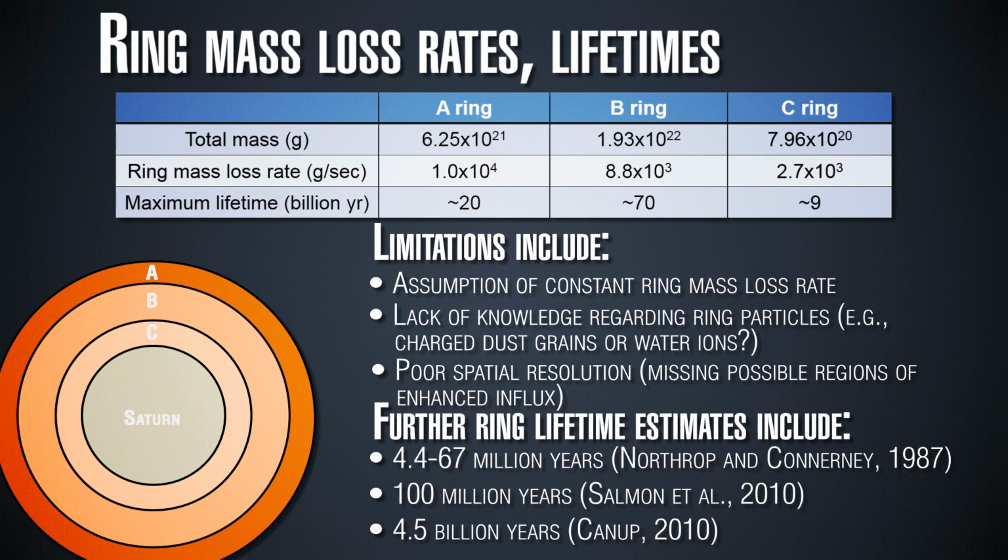Some current estimates in the literature for the lifetime of Saturn's rings range from around 4 million years to 4 billion years. In other words, they could be relatively young, or they could have existed for the entire lifetime of our solar system. So by following up with further ring observations, we can help to refine this estimate and possibly the lifetime of Saturn's rings.